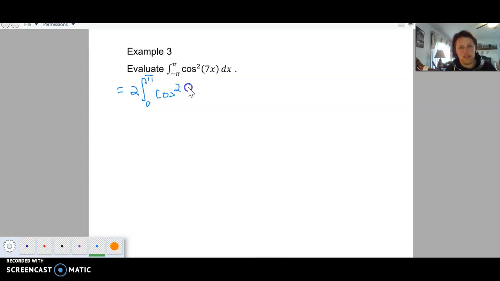That will save us a little bit of time in the end, maybe. Also let's go ahead and substitute u for 7x. Then our du would be equal to 7 dx, which we do not have a 7 for, so let's go ahead and divide that 7 out. So we have 1/7 du equals dx.